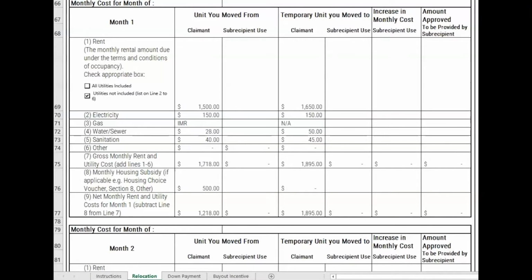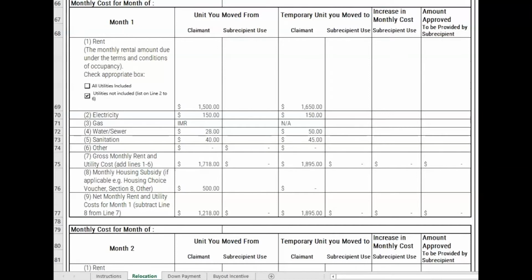In lines 2 through 6, if certain utilities are included in the monthly rental amount, applicants should place IMR, for in-monthly rent, in the applicable cells for that utility. All utility costs that were paid separately should be noted by the price of their monthly utility cost. Note: applicants should ensure they are inputting all utility services they pay for.